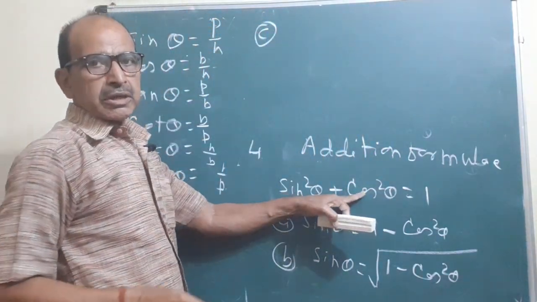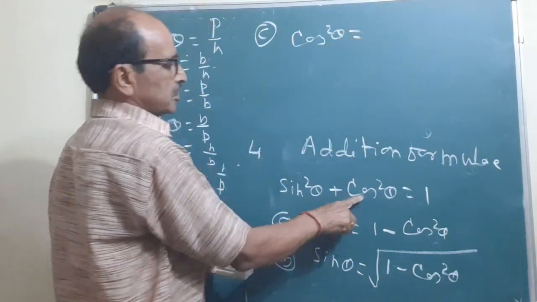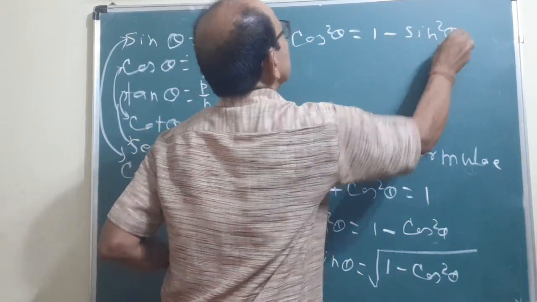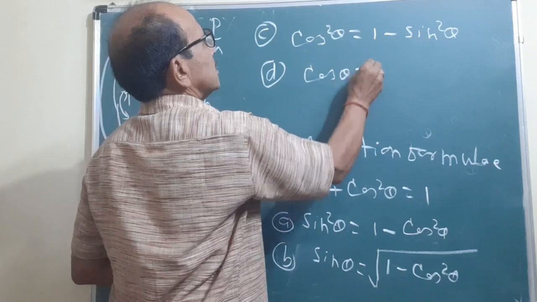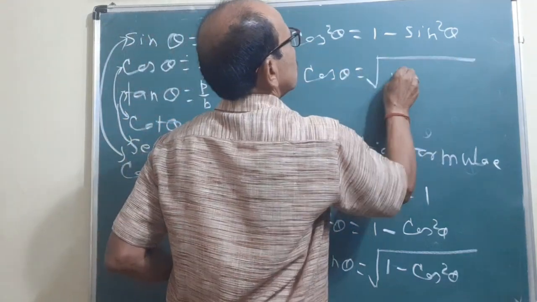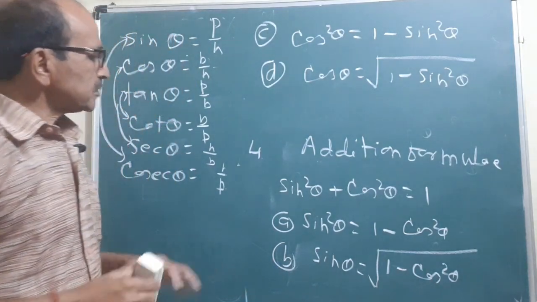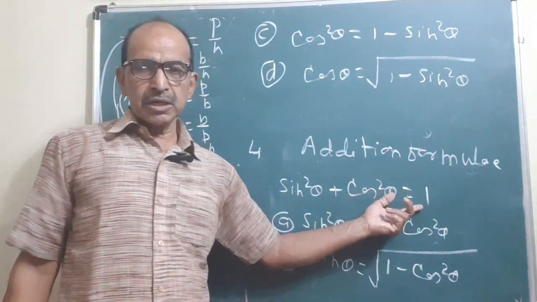Here cos square theta is equal to 1 minus sin square theta, and cos theta is equal to under root 1 minus sin square theta. So here there is addition formula, sin square theta plus cos square theta is equal to 1.